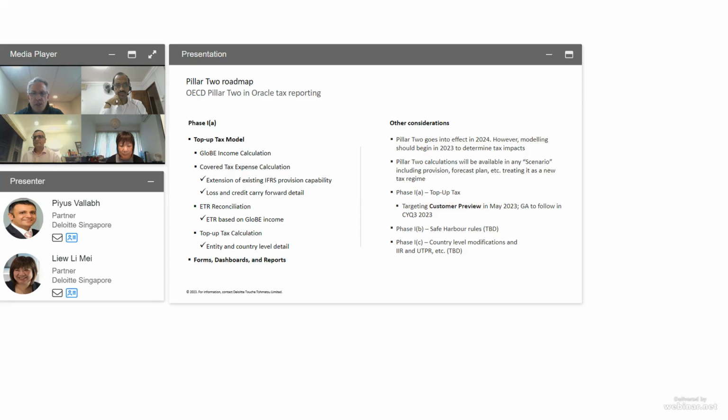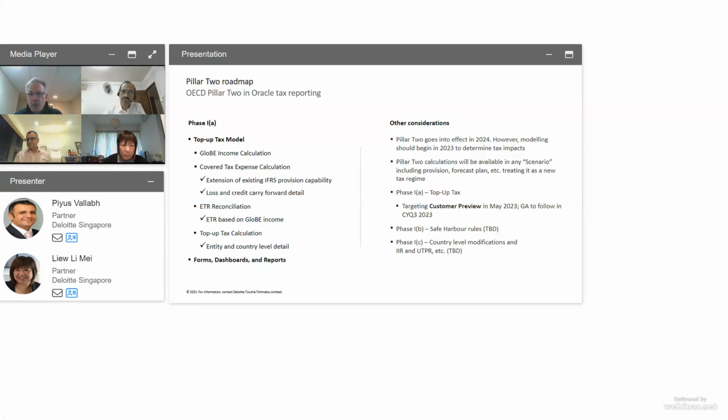And we'll be able to see those templates and web forms today in Snapshots. The top-up tax model includes the GloBE income calculation, the ETR reconciliation as well, and covered tax expense calculation, as well as the top-up tax calculation. So with that, we'll be releasing forms, dashboards, and reports.